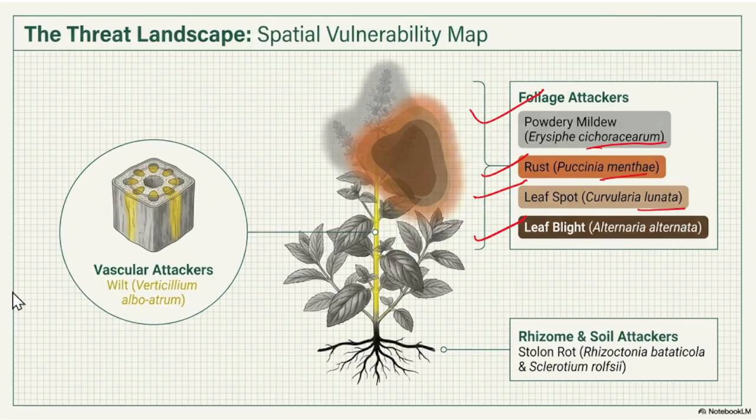Then also the wilt, that is the vascular attack, the Verticillium wilt is causing this. In the root part, that is the rhizome and soil attacker, one is the stolon rot, and that rot is caused due to Rhizoctonia bataticola and Sclerotium rolfsii.